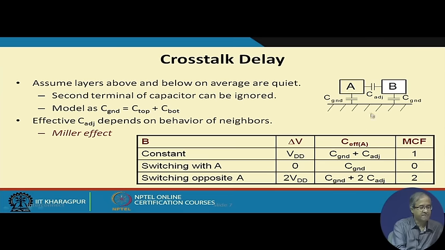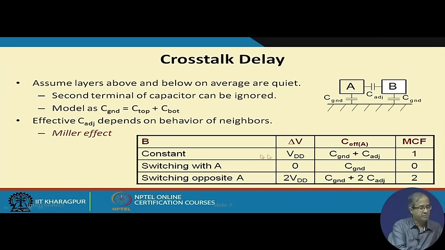So, the effective capacitance that will be experienced by A will be this, and the third column is referred to as the Miller coefficient factor. Because of Miller effect, when both are switching together, the effect is the least, so we denote it by a relative value 0, that means this is the best situation.